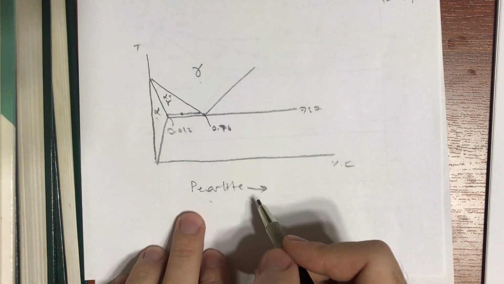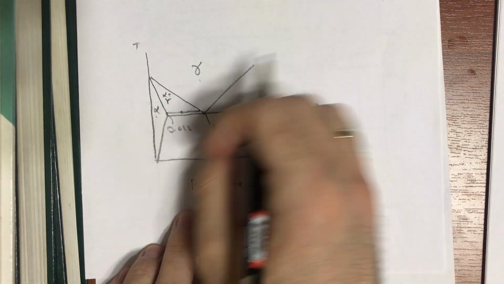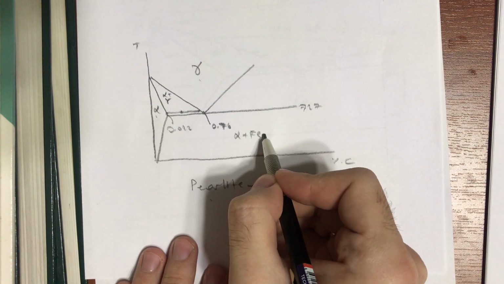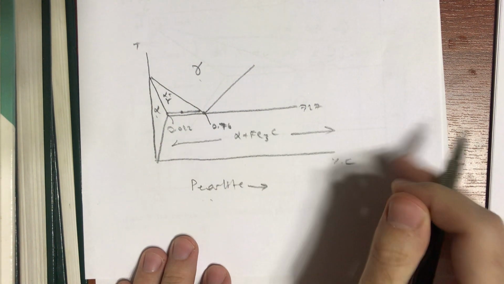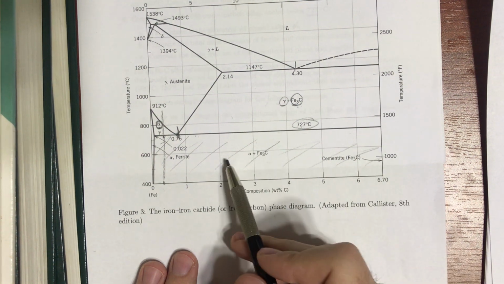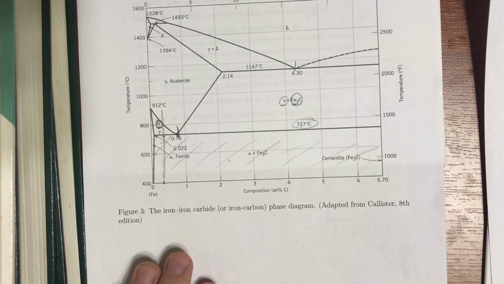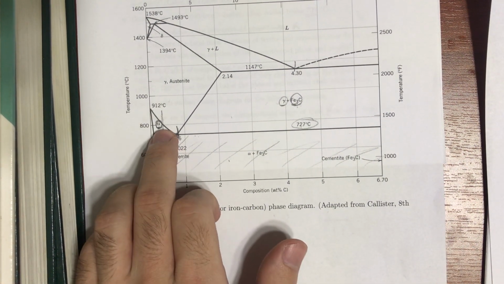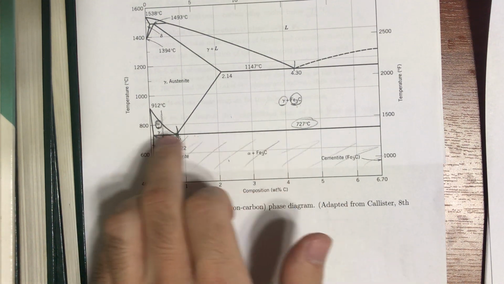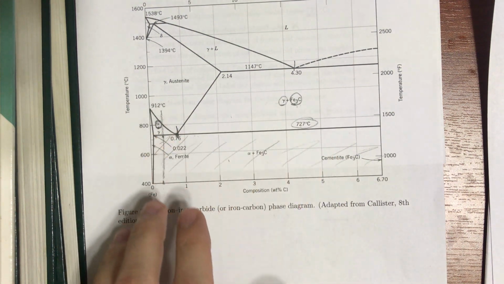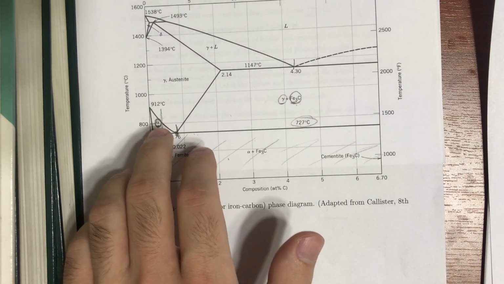this is a phase mixture. It's not a single phase defined in a certain composition range. So the entire region here or here, this whole thing is perlite. So in order to find the amount of perlite in some iron carbon alloy, you need to go above the eutectoid reaction and calculate the proeutectoid phase and the amount of austenite, and that amount of austenite will transform into perlite.